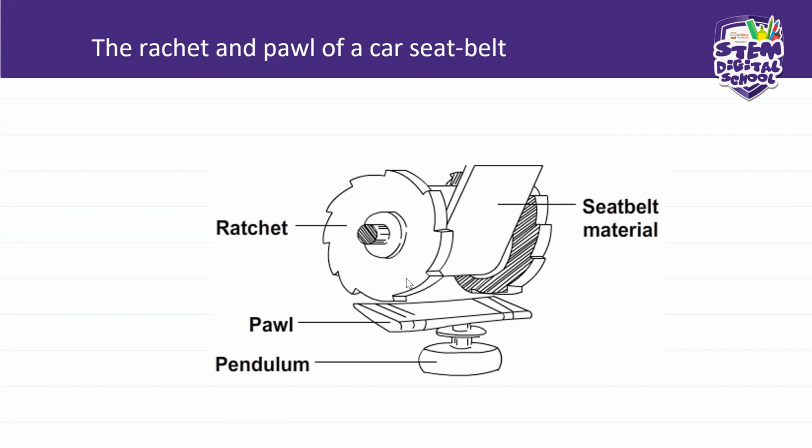It is because this ratchet and pawl have interlocked to prevent further moving of the seatbelt material. So that is how the ratchet and pawl of the car operates. Because if it doesn't operate like this, what could happen?